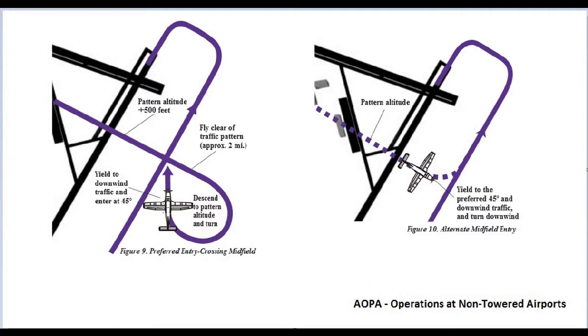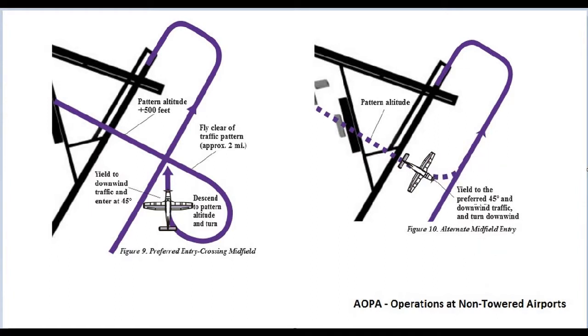You overfly the pattern, you fly outbound that couple of miles, and you turn around just as the diagram shows to enter at a 45-degree angle, abeam midfield. Now you can do the alternate, however not recommended, method of crossing over the runway, and instead of flying outbound and turning around, simply turn directly into the pattern.